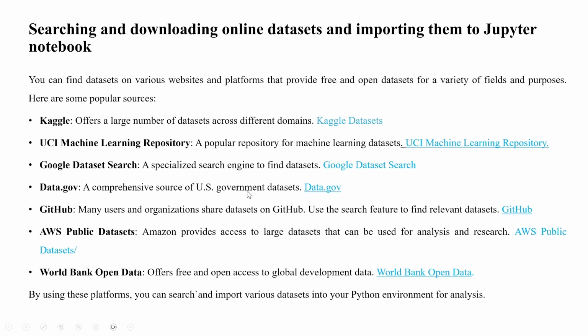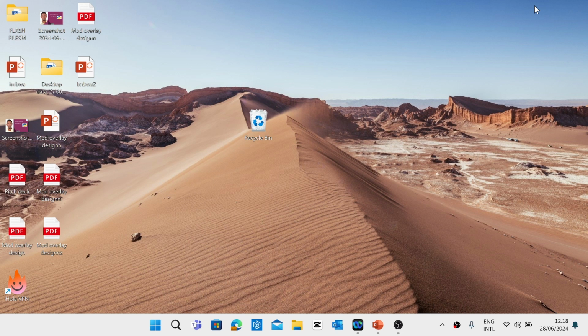Let us choose this website, data.gov, to download the dataset of our interest. Before downloading the dataset, we can create the folder in which we will save our downloaded dataset.